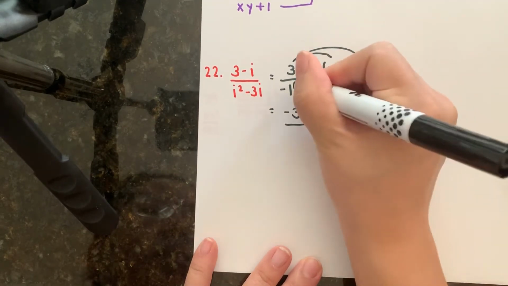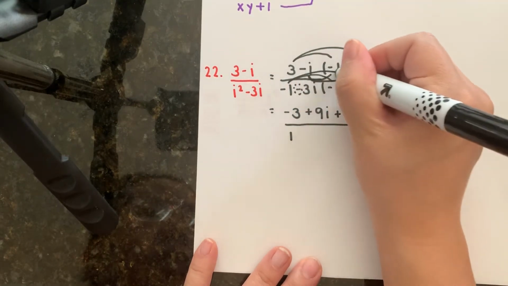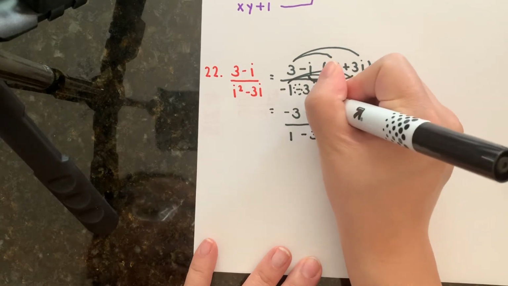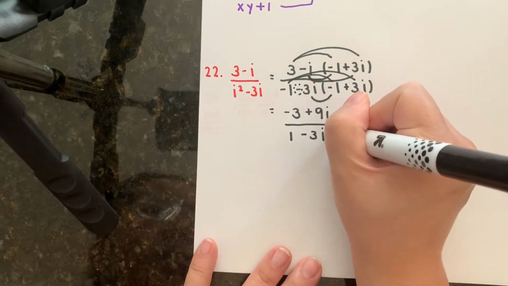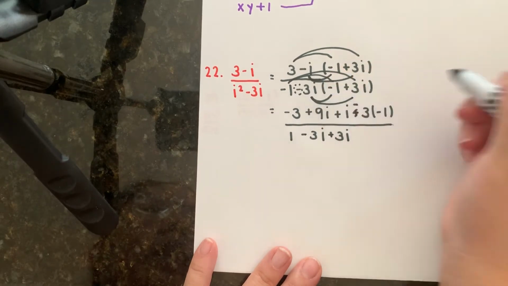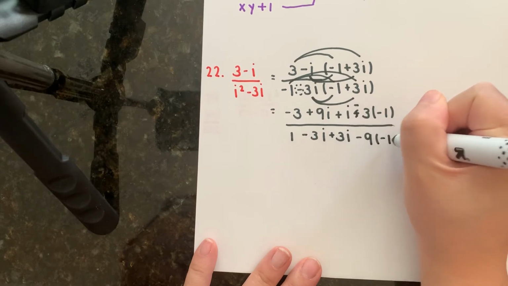It's going to be over -1 times -1, which is positive 1. -1 times 3i would be -3i. -3i times -1 would be positive 3i. Then lastly, -3i times 3i would be -9i squared. Again, i squared is -1.